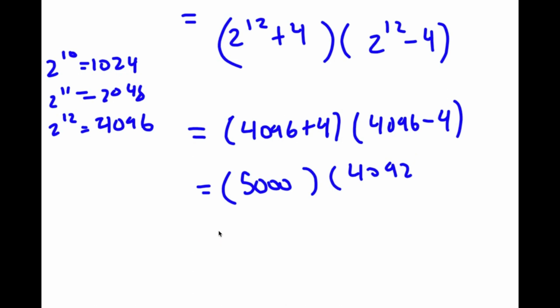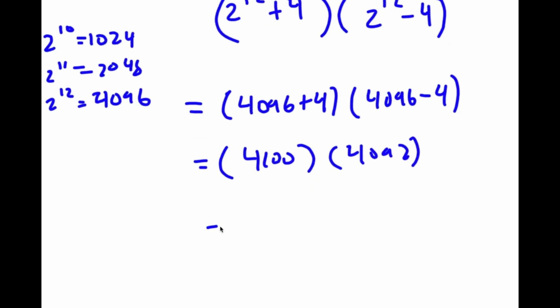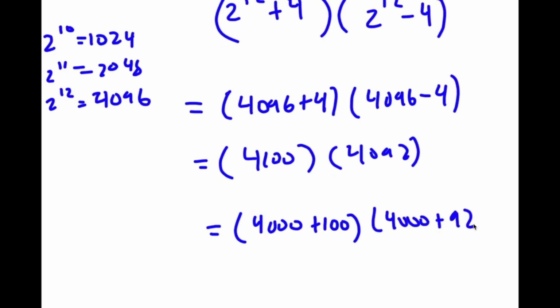Sorry, this is the same thing as 4100 times 4092, which is the same thing as 4000 plus 100 times 4000 plus 92.